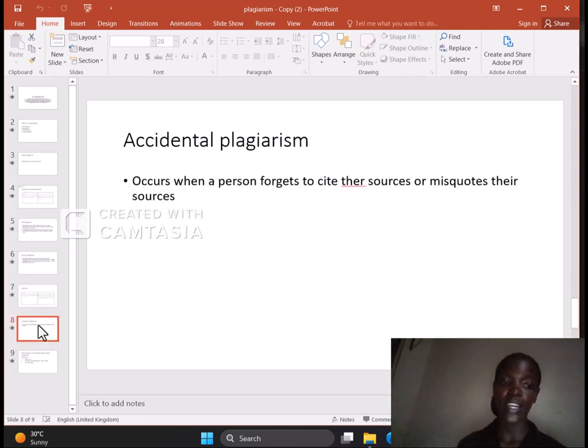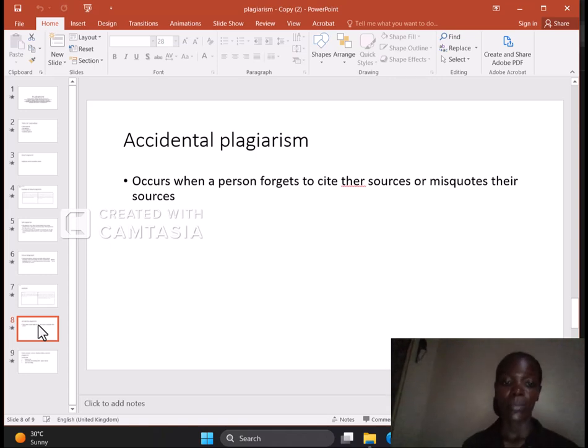The fourth and last one is what we call accidental plagiarism. In most cases, people do this without knowing. This form of plagiarism is not intentional. Someone does it without knowing the effect of what they've done. It simply occurs when a person forgets. You may forget. Forgetting is normal because error is human.